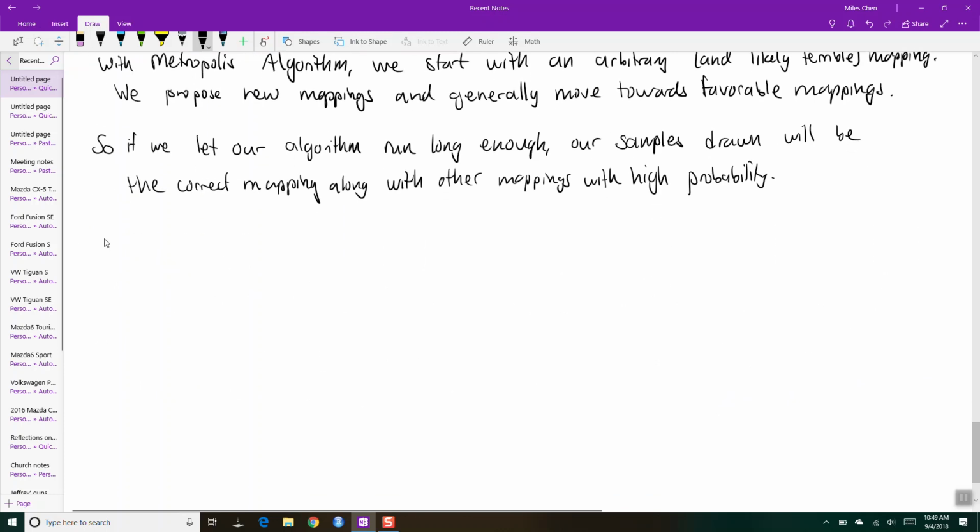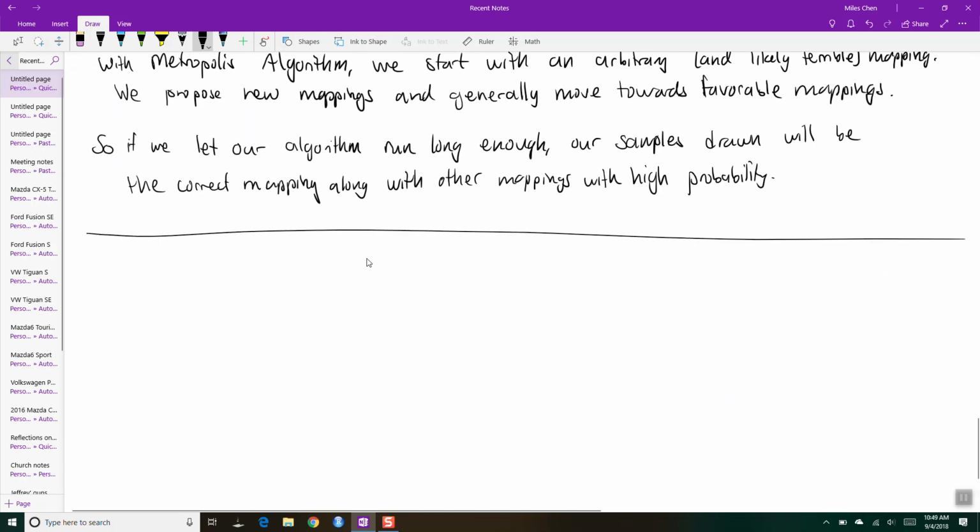Okay, let's again take a look at this from a Bayesian perspective. So we've got the probability of a mapping given the data, okay?